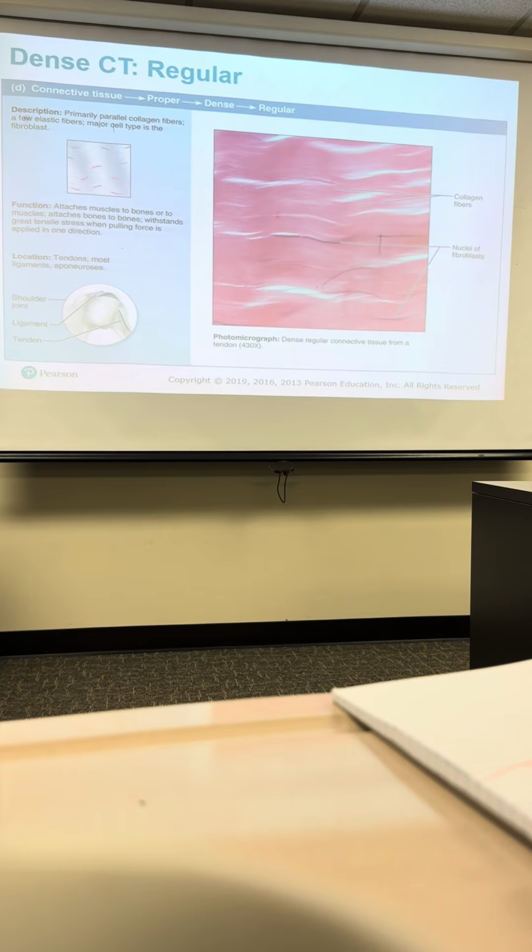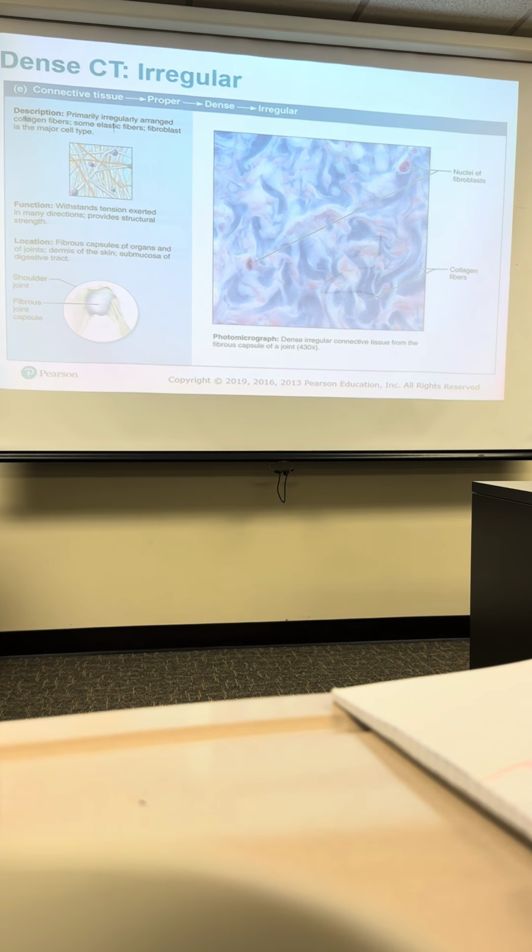So when we say regular dense connective tissue proper, what do we mean by that? They have a regular arrangement of the fiber, regular dense arrangement of the fiber, and you have the cells inside. Usually you find them in the tendon, most ligaments.